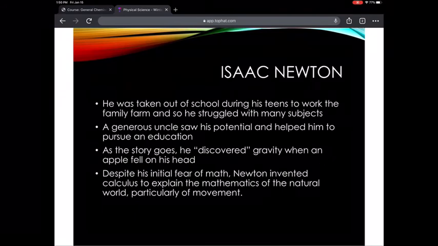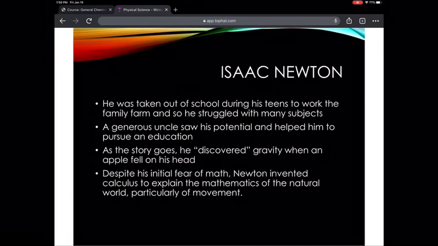As the story goes, he discovered gravity when an apple fell on his head as he was sitting under a tree on their farm. This apple tree that is part of this legend is actually still alive and still growing there. You can go to England and see it.